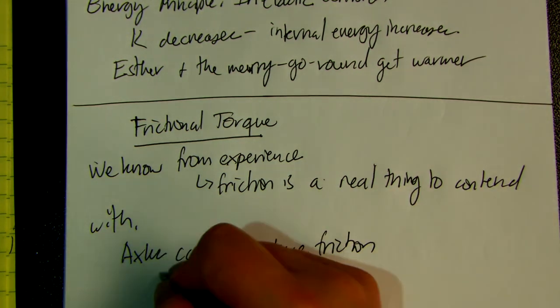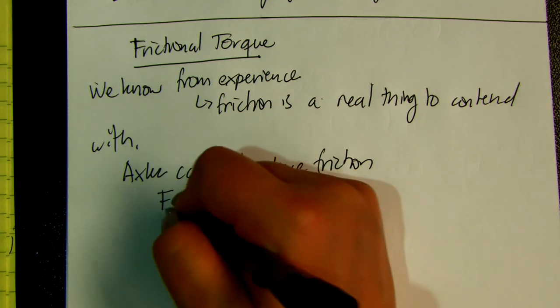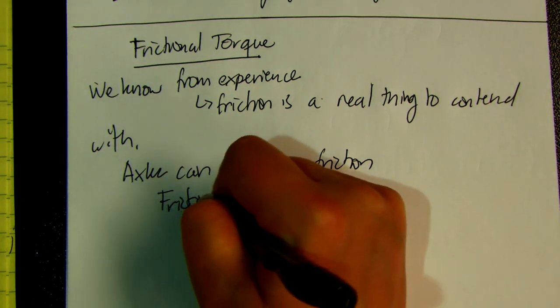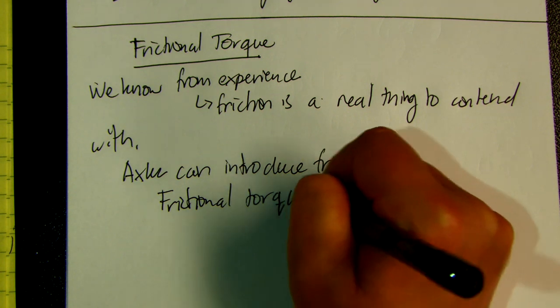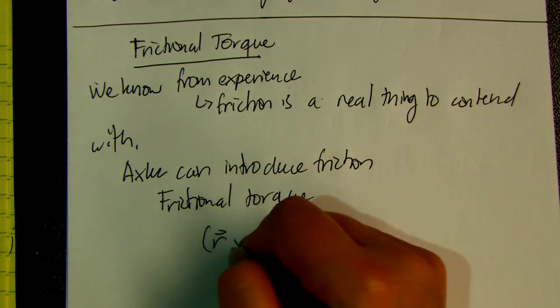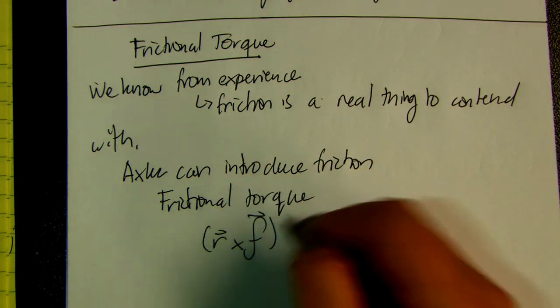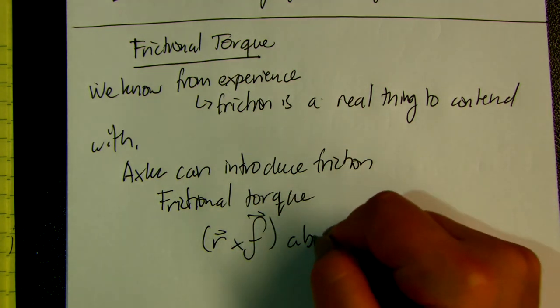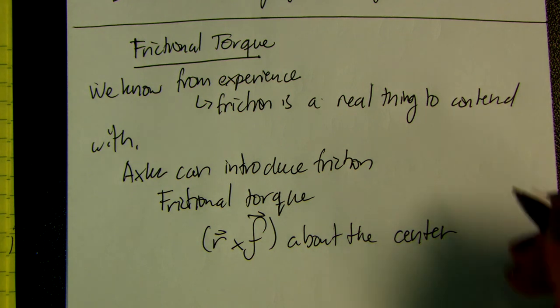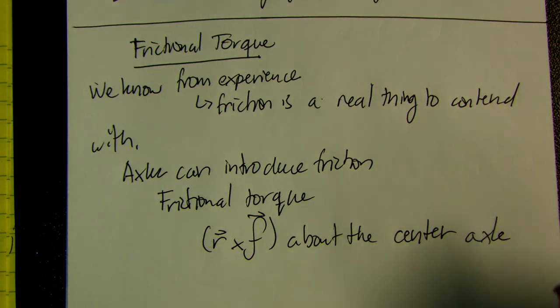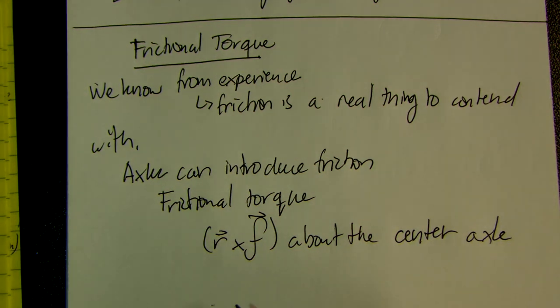And so frictional torque is R cross F about the center of the axle. So if you've ever had a squeaky wheel, you're dealing with frictional torque. So your axle is introducing some friction.